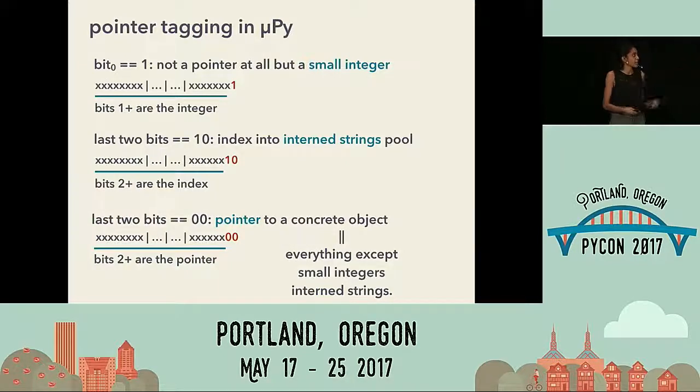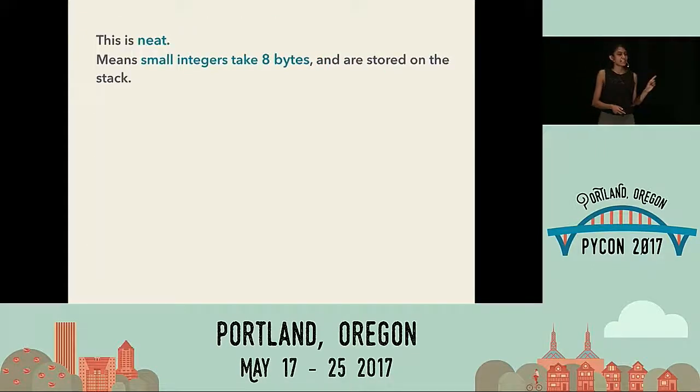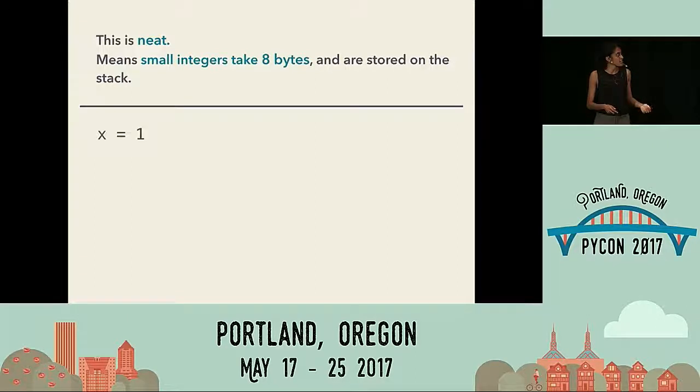So lists, etc., are concrete objects. So this is neat. This means that small integers take 8 bytes, compared to CPython's 28 bytes. And it also means that they are stored on the stack, which is nice because it has performance benefits.